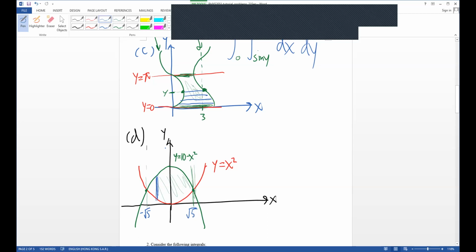So for y, I need to consider the y coordinate of this point.